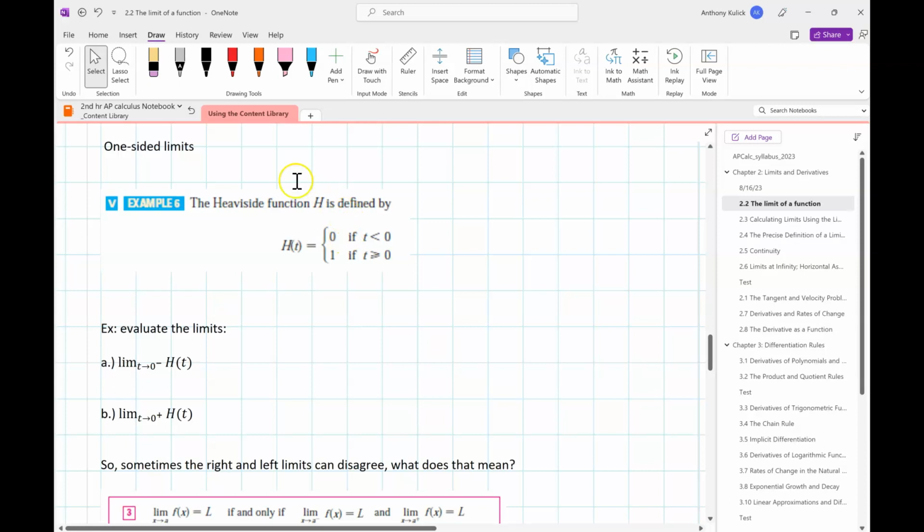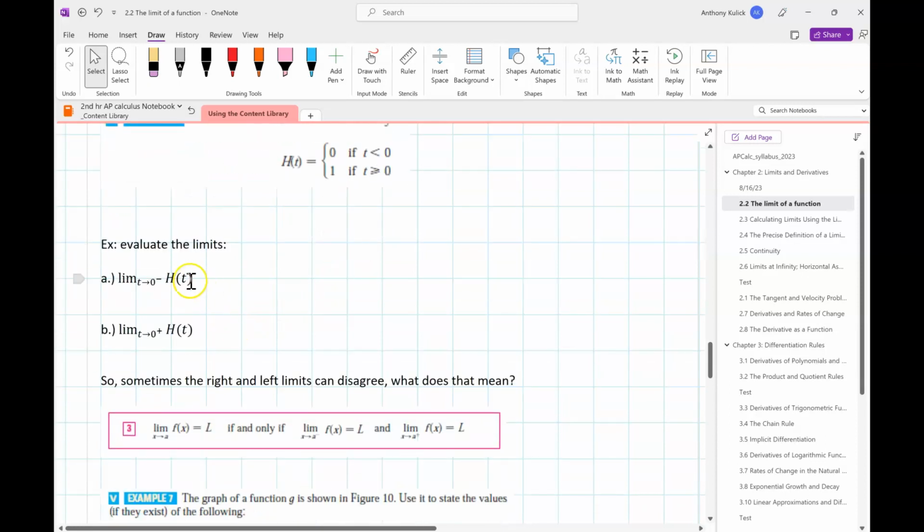So let's look at what's called the Heaviside function. We're going to define it as: if t is negative, it's 0, and it's 1 if t is non-negative, so 0 or positive. If I want to evaluate the limits, what is it if I'm taking the limit as t approaches 0 from the left, from the numbers smaller than 0? What would I expect that to be?